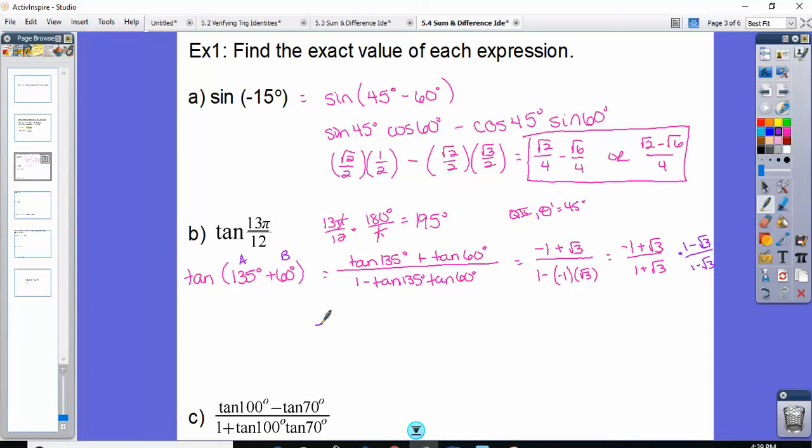And you would have to FOIL the top, so that would give me a negative 1 plus radical 3 plus radical 3, so that's 2 radical 3, minus radical 9, so minus 3. On the bottom you get 1, minus radical 3 and plus radical 3 drop, minus radical 9, which is 3.